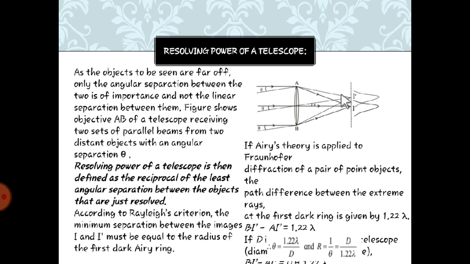B I dash minus A I dash, obviously, the path covered to go towards I dash. So that is 1.22 lambda.